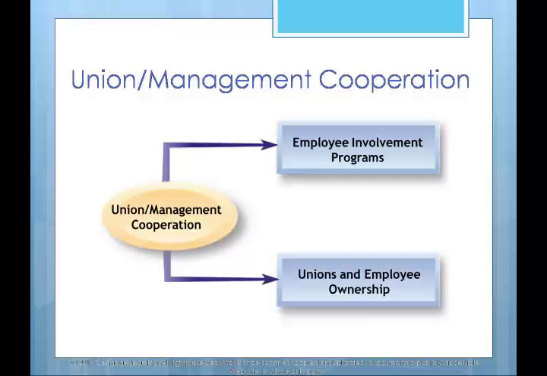We've seen this of late in the auto workers, where there had been an adversarial relationship between the unions and management, but today we're encouraging them to recognize that union leaders and employer representatives cooperate with management and labor unions to resolve their issues. And then they have developed employee involvement programs and union ownership.